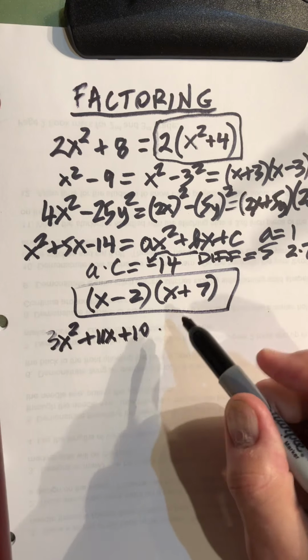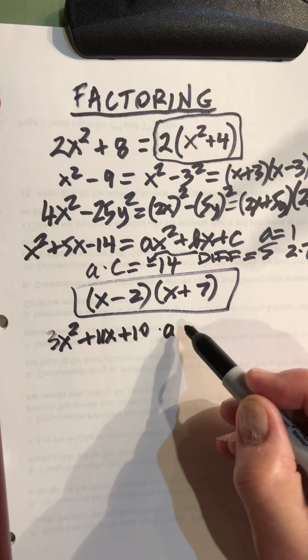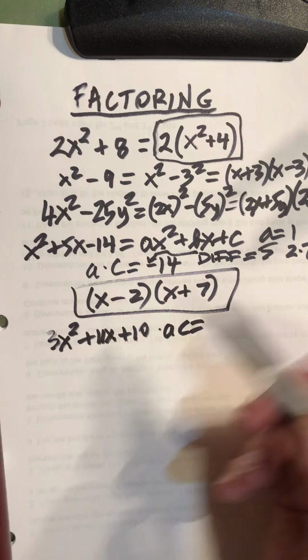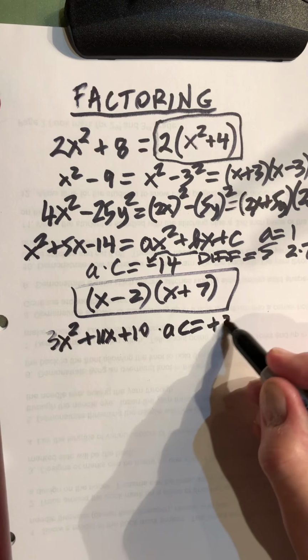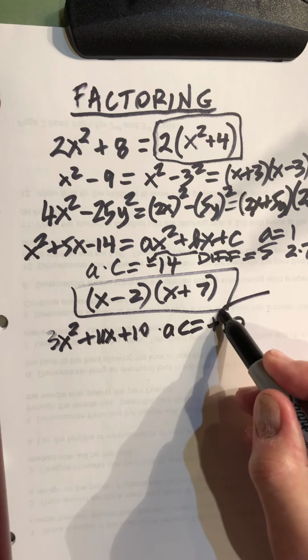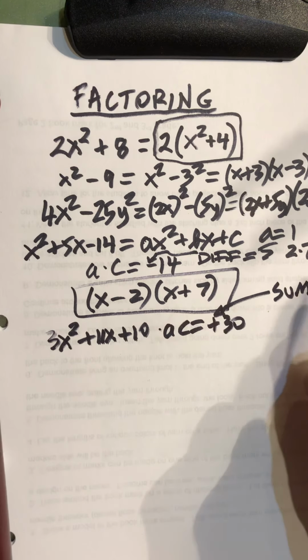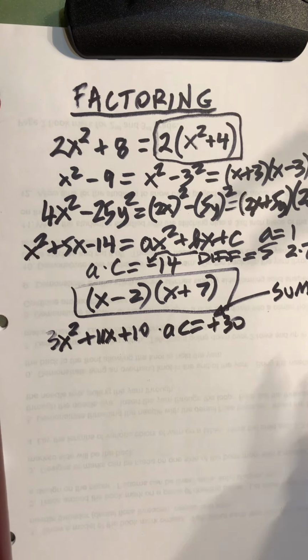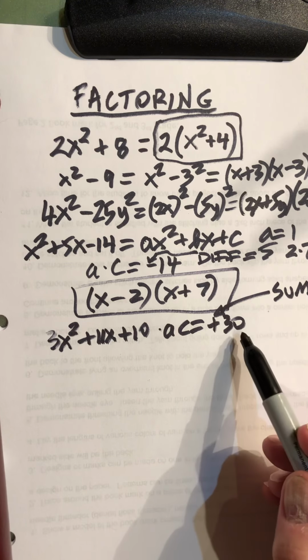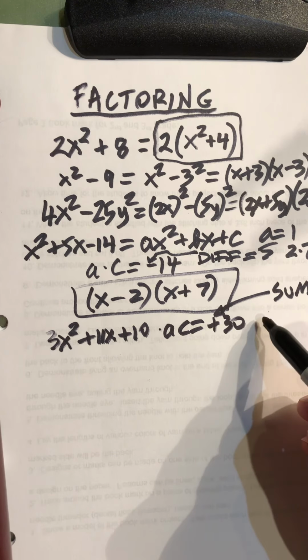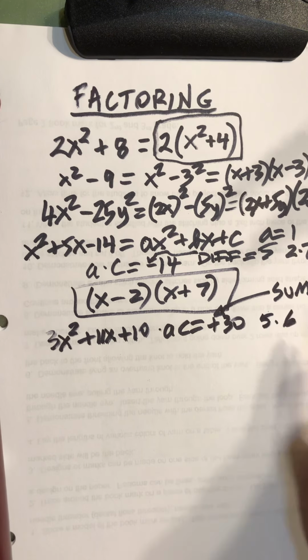So I'm going to have to do the AC method. A times C is 3 times 10, which is a plus 30. That means I'm looking for a sum equal to the B term, 11. What adds to 11 and multiplies to be 30 is 5 times 6.